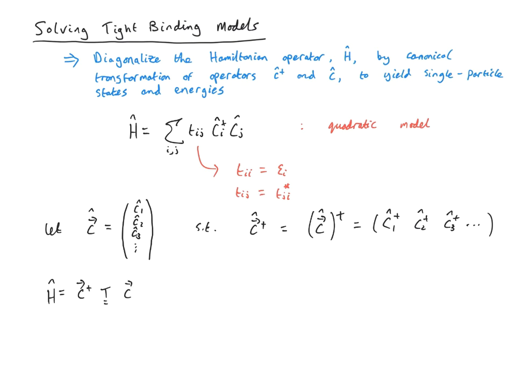We simply say that the Hamiltonian is c vector dagger T c vector, where this T here is a matrix of numbers, or coefficients if you like, parameters in the Hamiltonian, not operators. So you see there's no hat on the T there.